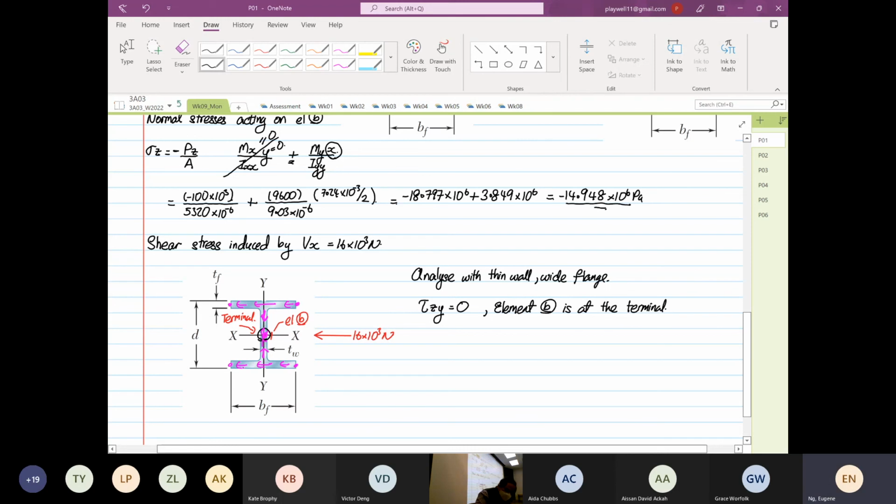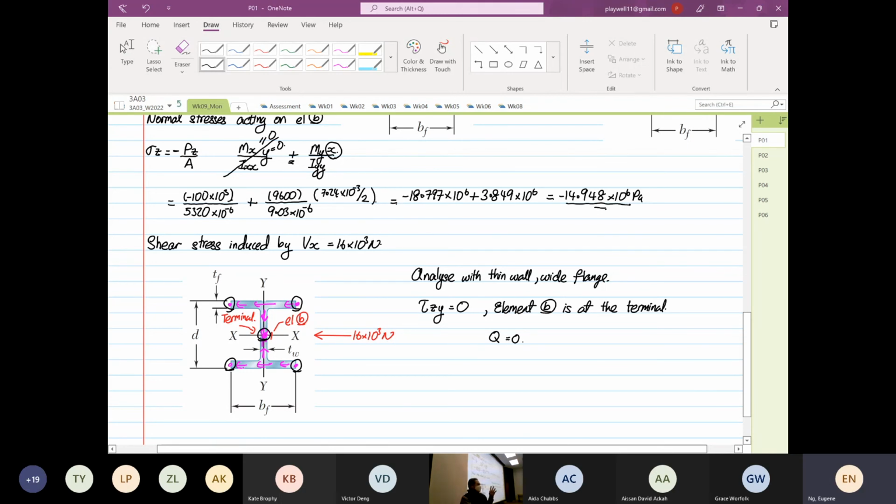And you also realize that Q, first moment of area, is also equal to what? 0. Okay, because it's at the terminal. Always at the terminal, the first moment of area is equal to 0. Like you see over here, this is a terminal, terminal, terminal, terminal.